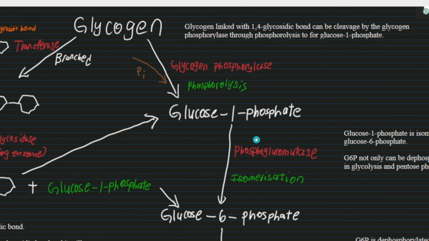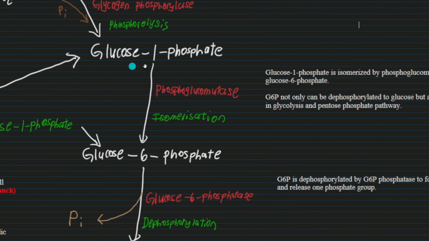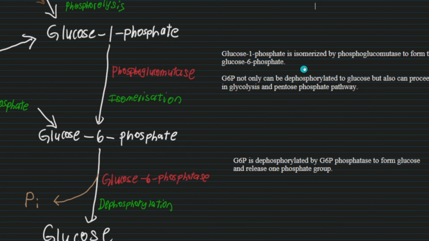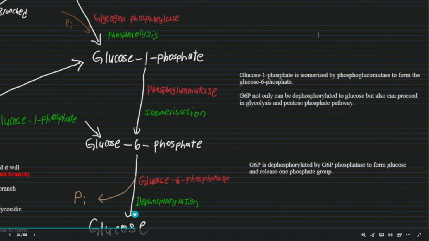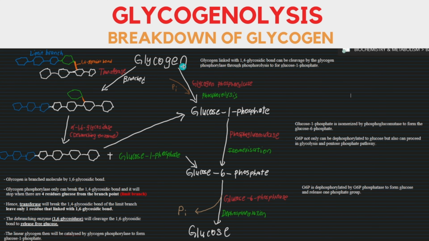Once they form glucose 1-phosphate, they will isomerize into glucose 6-phosphate by using phosphoglucomutase, and after that it will form back the glucose molecule by dephosphorylation.